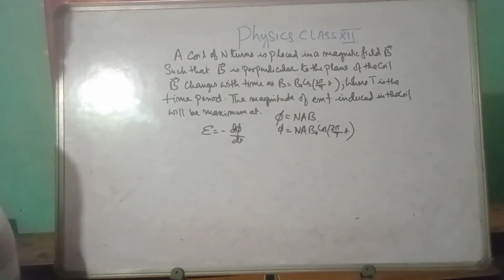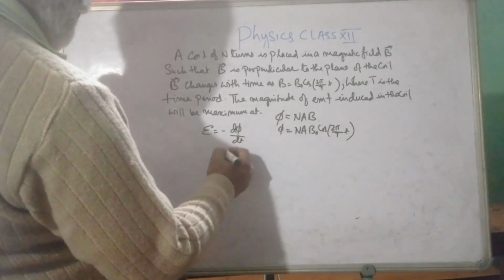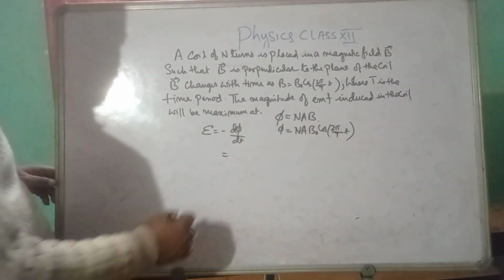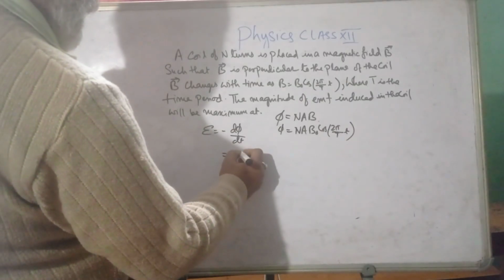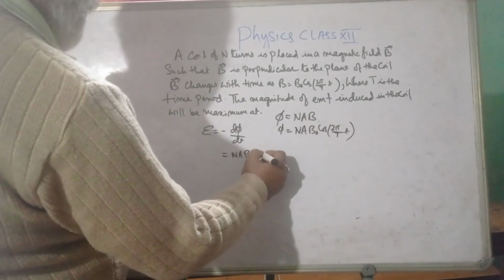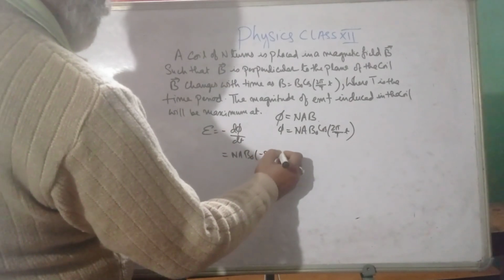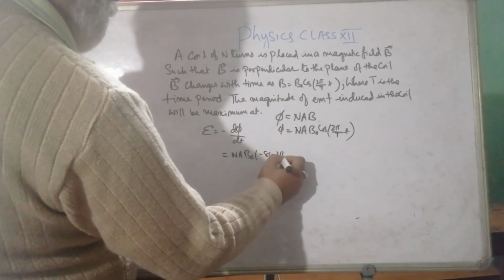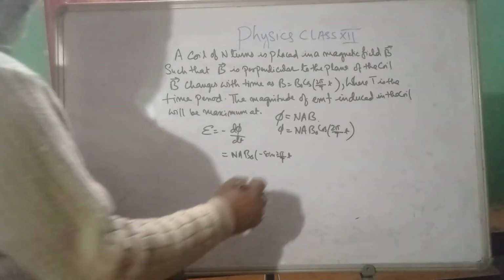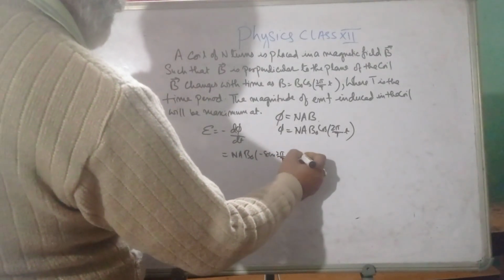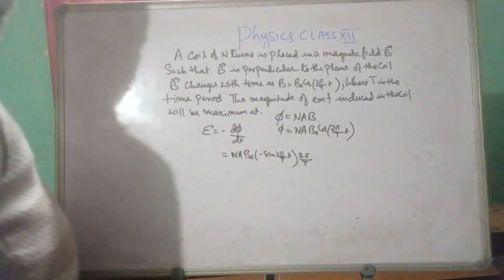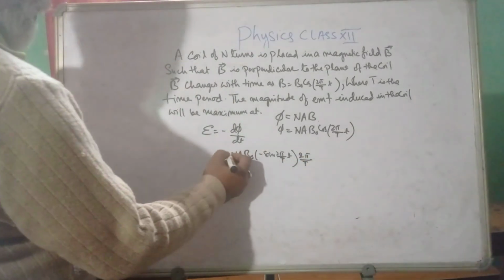So if you differentiate this, you will get N A B naught, cos will become minus sine of 2 pi by T into t, because there is the chain rule, so into 2 pi by T. So you are going to get this minus.